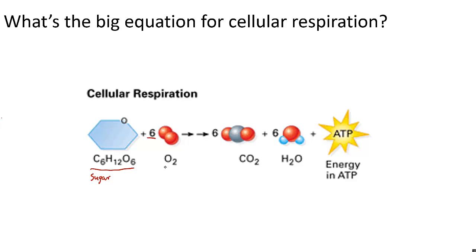We take 6 O2s, and we turn them into 6 carbon dioxides and 6 waters and ATP. That's what you have to memorize. We take the energy out of the sugar and we put it into ATP.